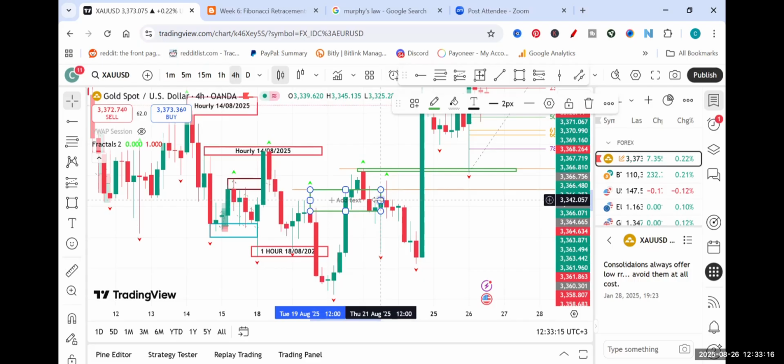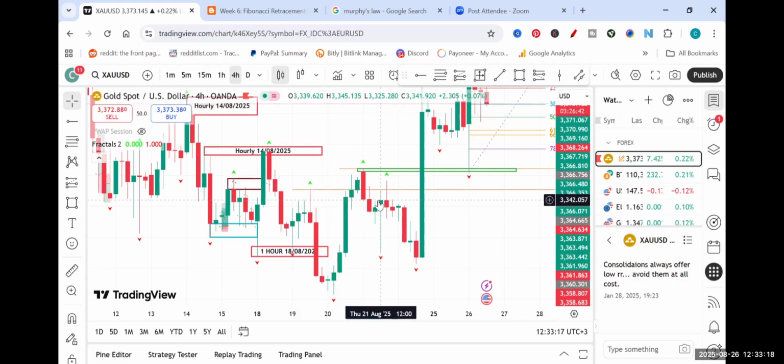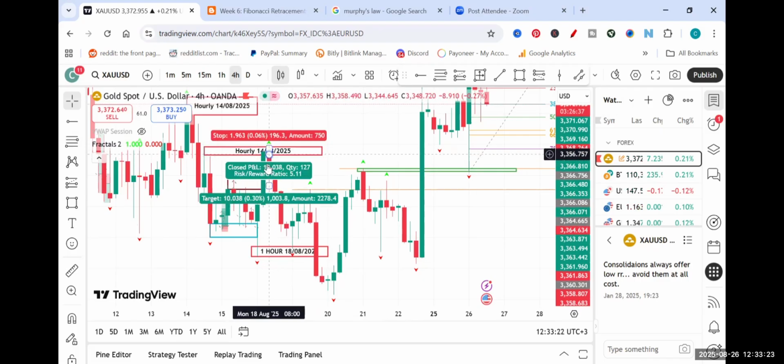So you see it is not right, it's a weak level for me. So this level is stronger. It's way better than using this.